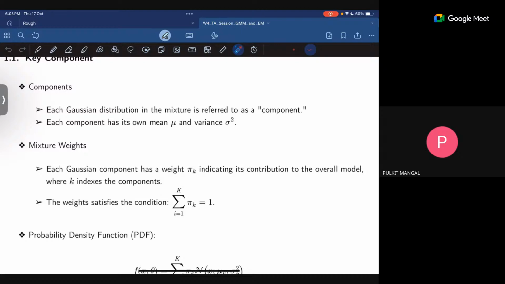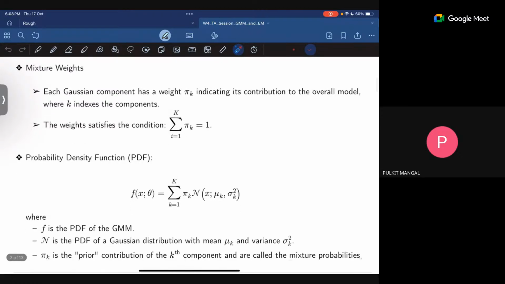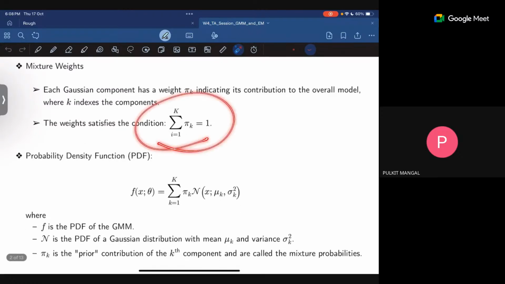So if we have three components, that is three different normal distributions from which you are sampling your data set, then we will have pi 1, pi 2, and pi 3, each denoting the probability of selecting the component from which you will sample the data. And of course, as it is a probability, it satisfies the condition that pi 1 plus pi 2 plus pi 3 till pi k, for all the components, sums up to 1.